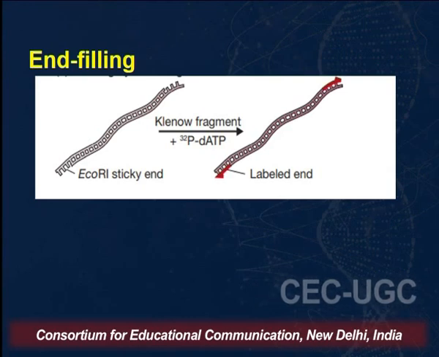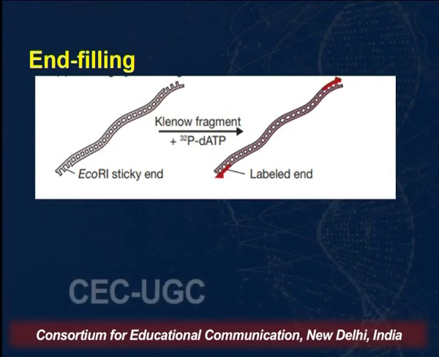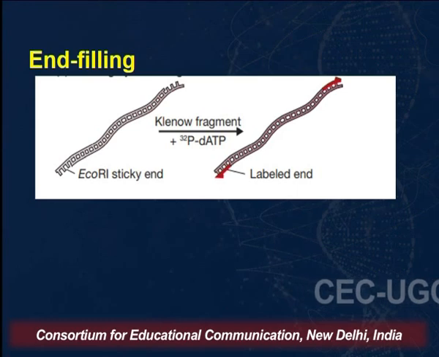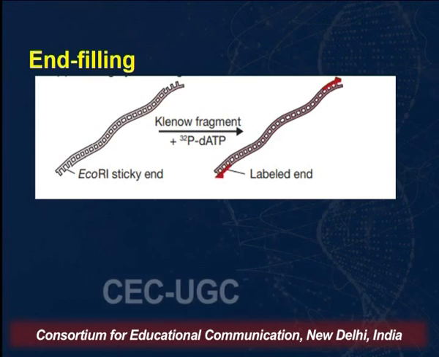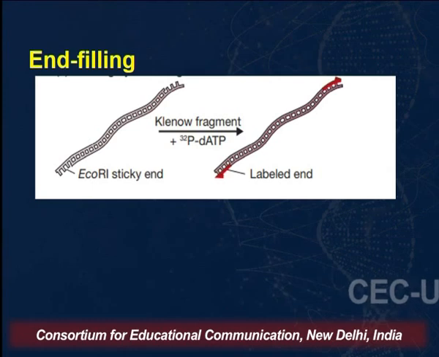What is a Klenow fragment? Klenow fragment is a part of the DNA polymerase which does not have the nuclease activity. There are subunits in DNA polymerase in which one of these causes the nuclease activity. So it synthesizes, but it also has the ability to cause nuclease activity for the proofreading mechanism which is there.